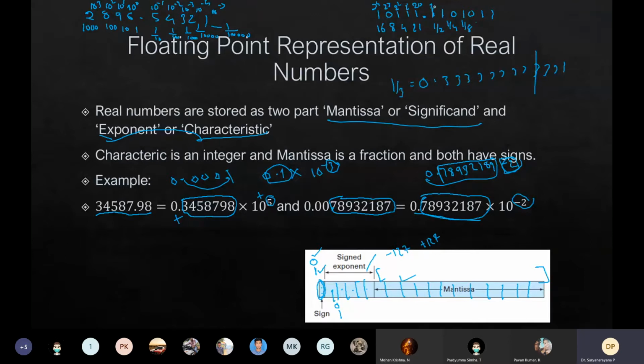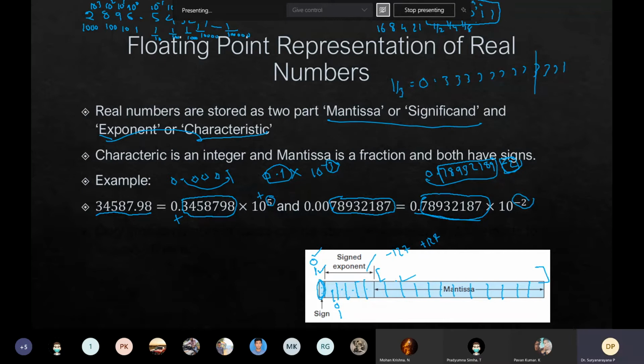And going this way, it will be 2 to the negative 1, 2 to the negative 2. 1/4 is 2 to the negative 2, right? 2 to the negative 3, 2 to the negative 4, 2 to the negative 5. I'm saying this because the mantissa is a fraction, and this is what we'll use for the mantissa, going that way, 2 to the negative 1, 2 to the negative 2, 2 to the negative 3, that sort of thing. Is that understood?